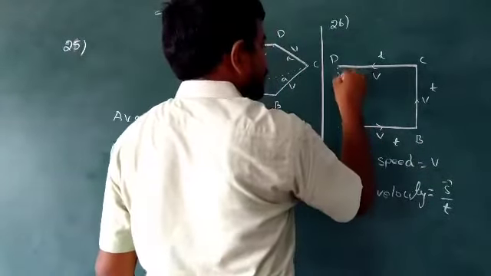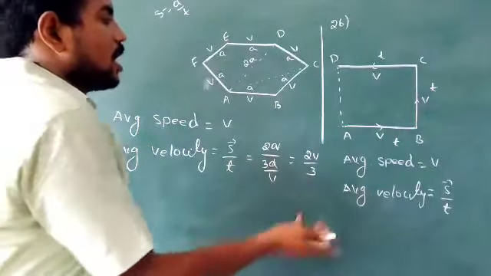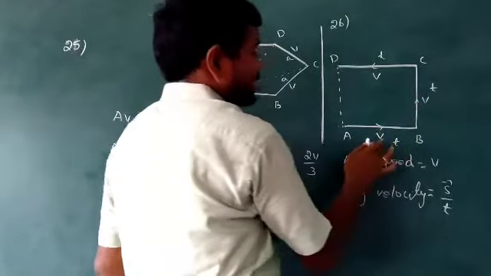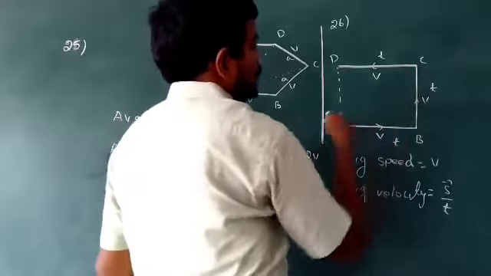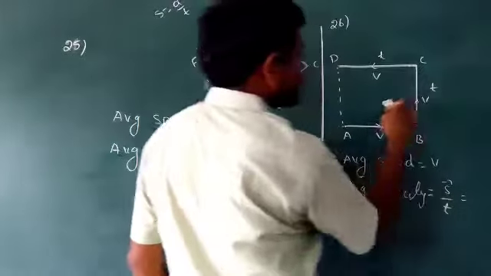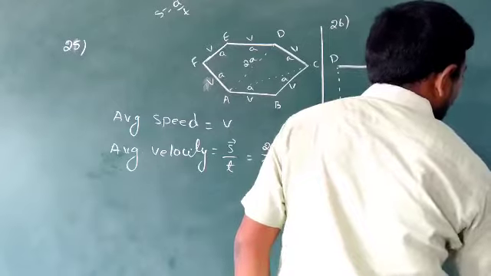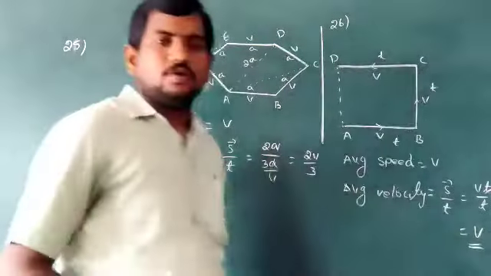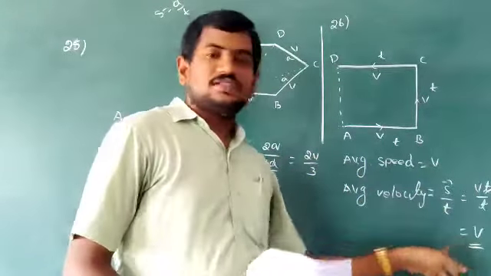A to D we should join like this, and we have to find this displacement. Each distance here is vt, so this also will be vt, the same thing like this. The total distance is speed into time, vt, divided by time t, so here you will be getting this one also as v. So here the average speed is v and the average velocity is also v.